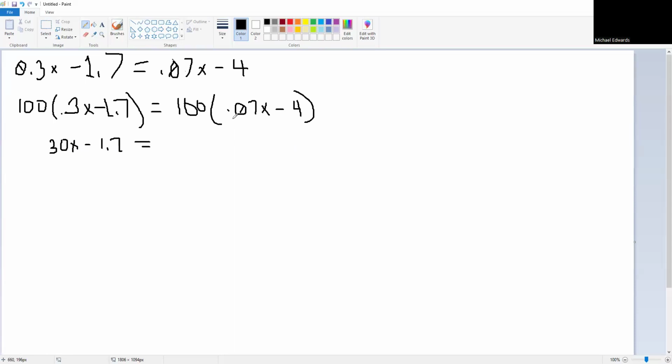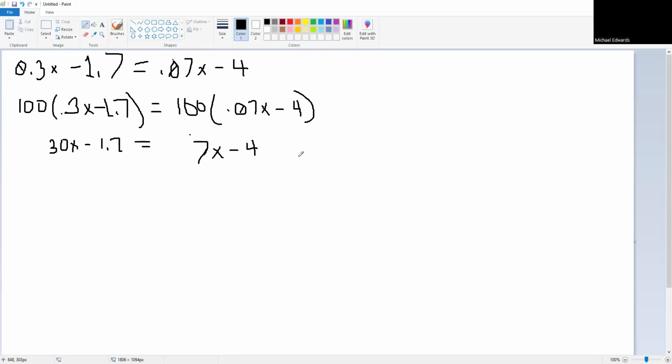And this side, because it's 0.07, this is just 7x minus 4. You can do these on your calculator too. 100 times 0.07, you'll get 7.